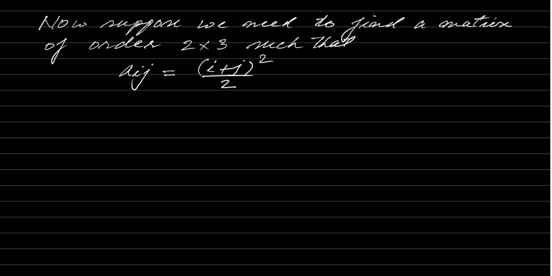So Aij is defined by the bracket i plus j whole square upon 2, and we need to create a 2 by 3 matrix. So what is the way to do that?